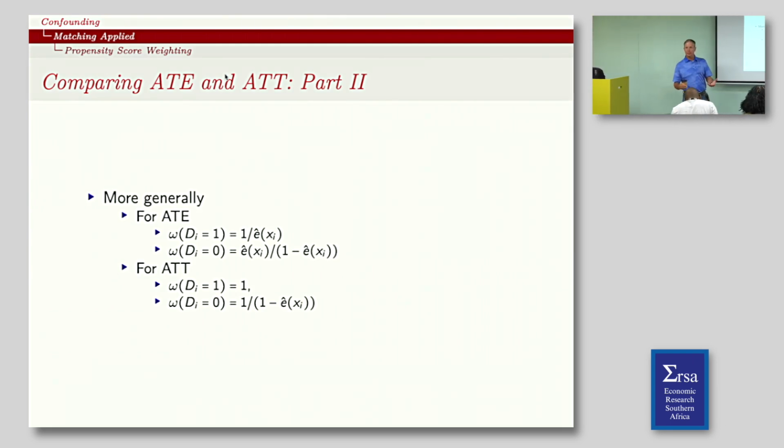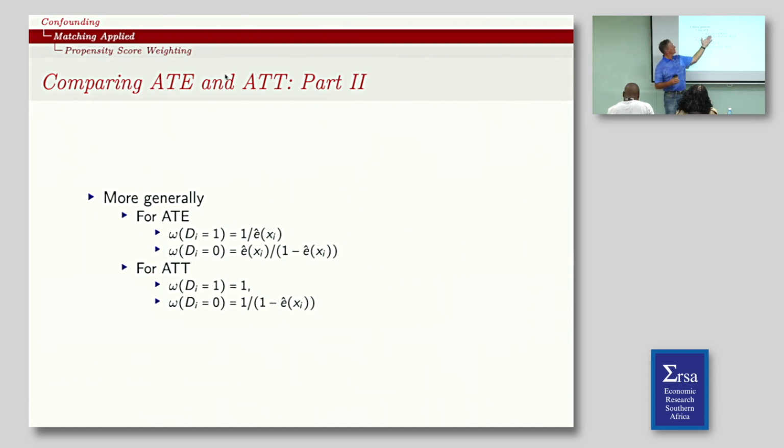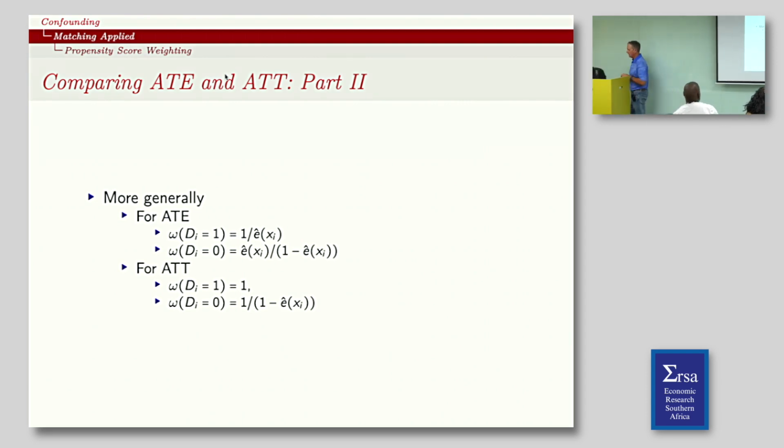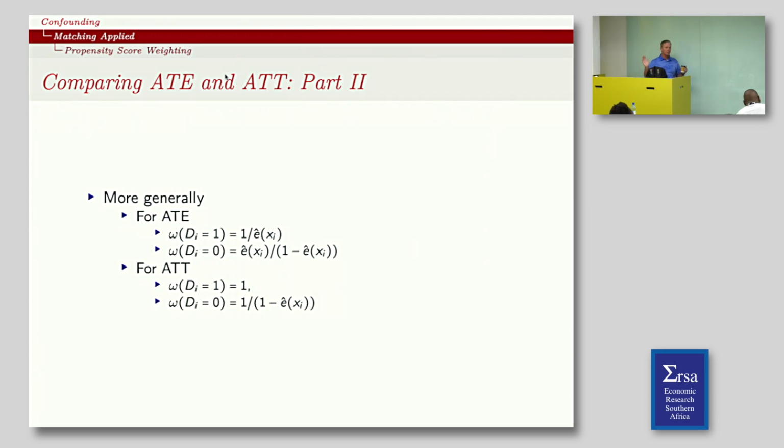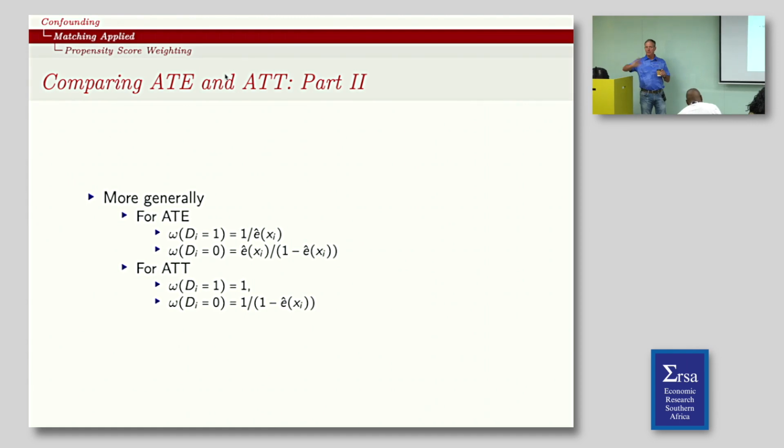You estimate the propensity score, and you create 2 different weights. One for treated people, 1 divided by the estimated propensity score, and for the untreated people, the propensity score divided by 1 minus the propensity score. And if we're doing treatment effect on the treated, we weight all the treated individuals at 1, and we weight all the untreated people by 1 over 1 minus the propensity score. By doing this, we've got the weights that we need, and then we simply estimate the mean.